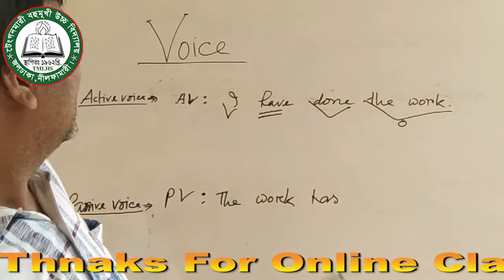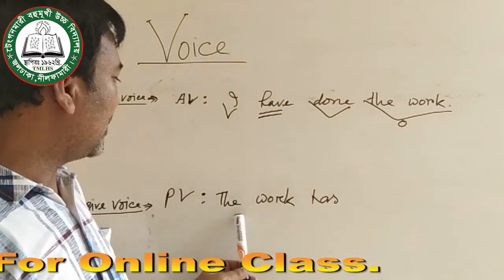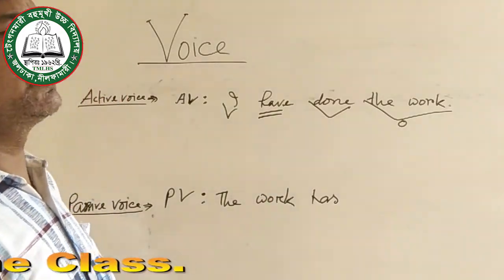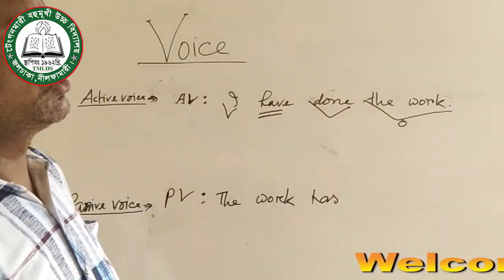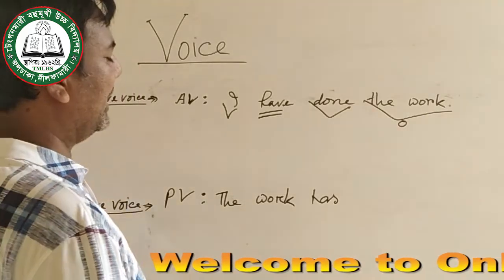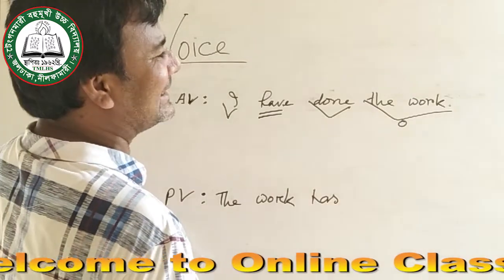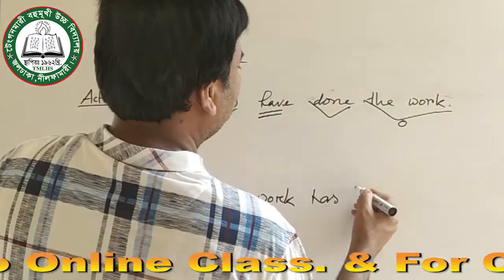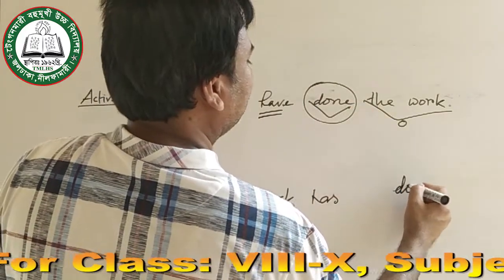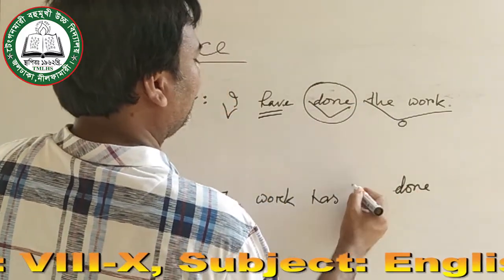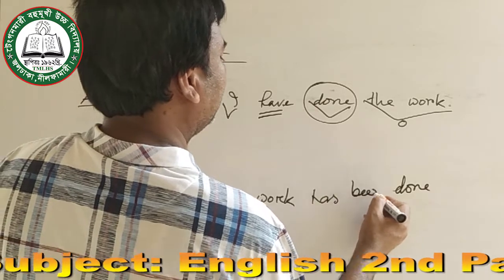And the work is not plural, and it is not first person or second person, so we will have to use has as an auxiliary verb. Here past participle done, here we will write done, and here auxiliary been.